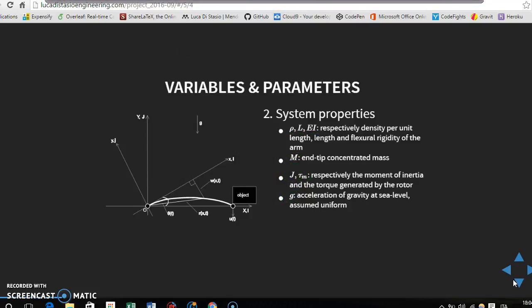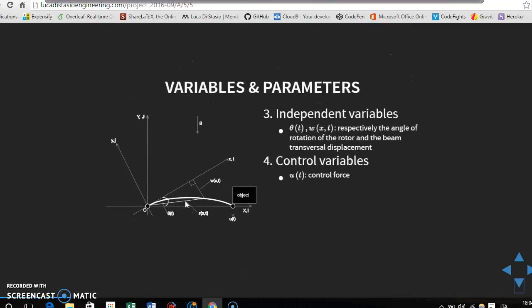So let's move to the independent variables, which are θ(t), the angle of rotation of the motor, of the shaft, this is θ, and w(x,t), which is exactly this distance here. So it is the vertical displacement of the beam with respect to the rotated horizontal axis, small x.